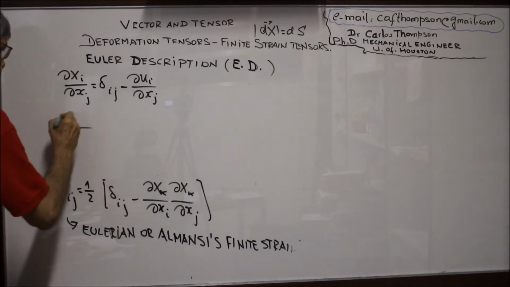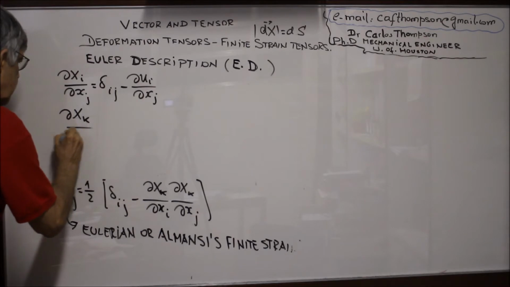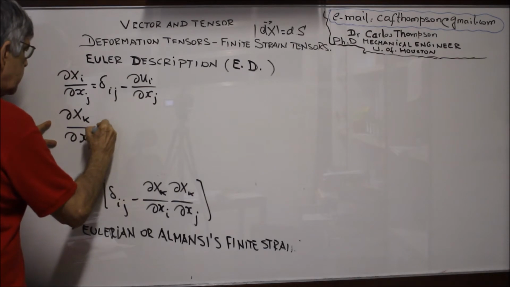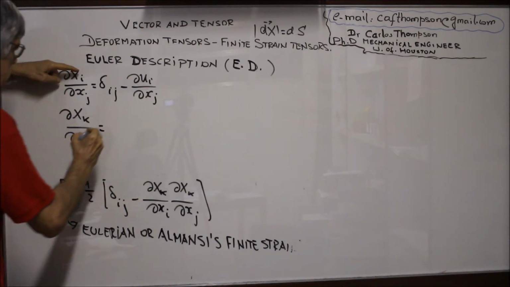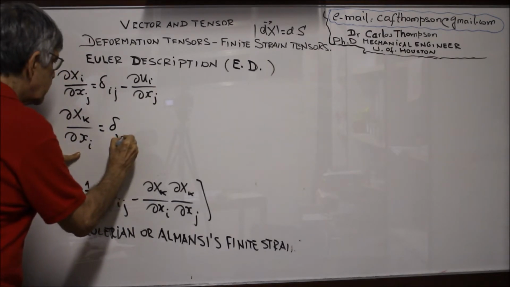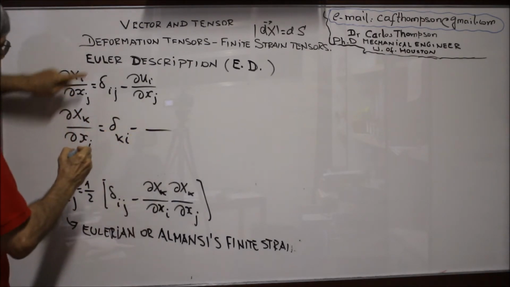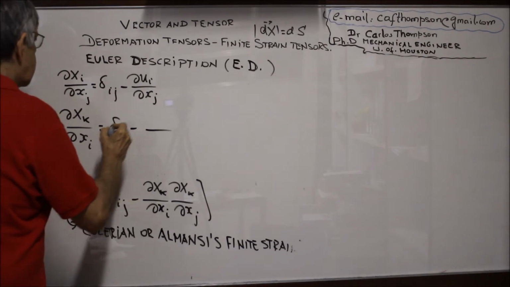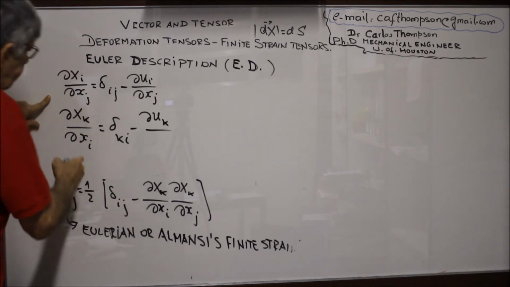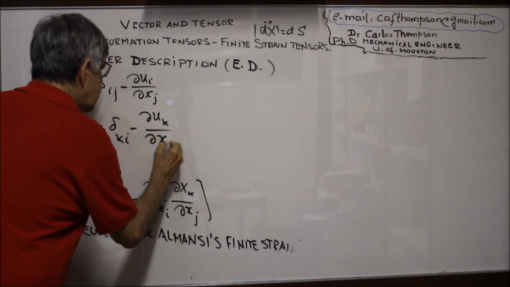Now let's change symbols here. So this I want partial Xk with respect to xi. You just compare, you see? This here is equal, now k here, so delta k, and instead of j is i, so this is delta ki. Now minus, instead of i is k, so this is partial of uk, instead of j is i, so this xi.